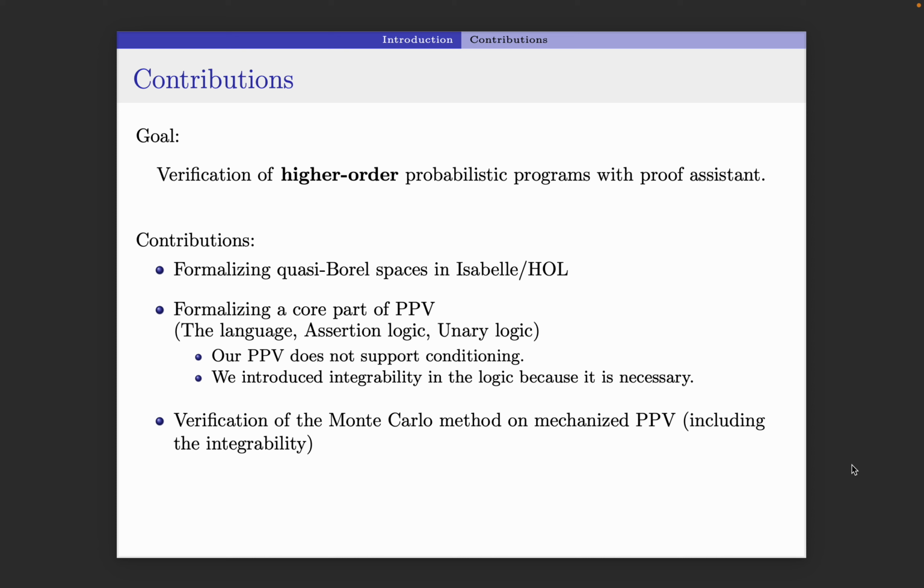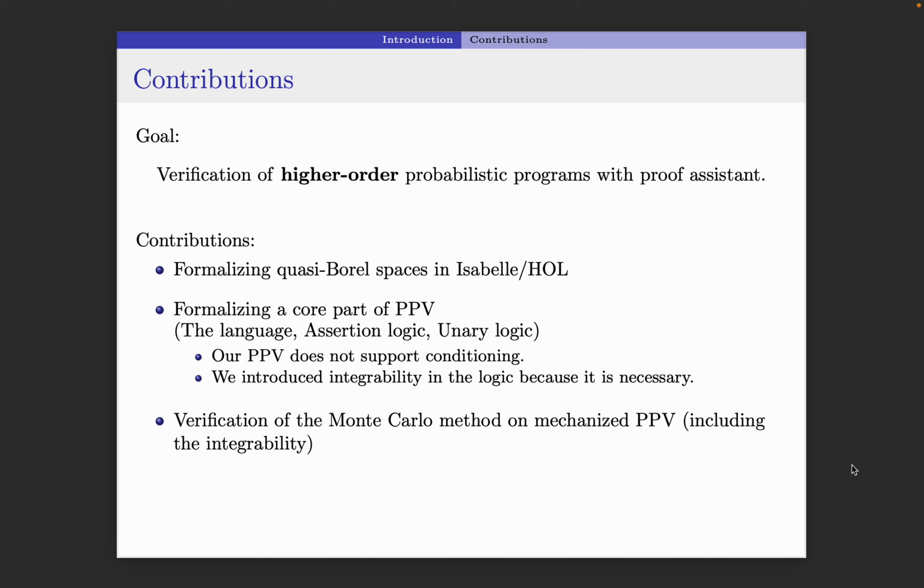Our goal is verification of higher-order probabilistic programs with proof assistant. Our contributions are: first, we have formalized quasi-Borel spaces in Isabelle HOL. The second, we have formalized a core part of PPV, the language and two kinds of logics.